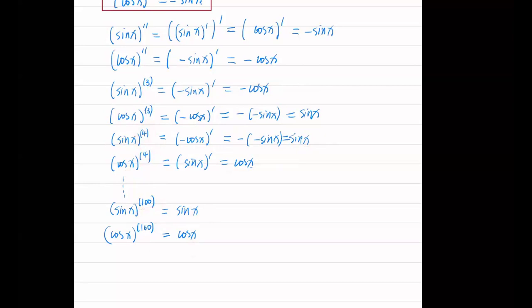Okay, so now you see where this is going. One more step, we are done. Sine x, if we go one more step, this will be the 101st derivative: sine 101 is cosine x, cosine 101 is negative sine x.